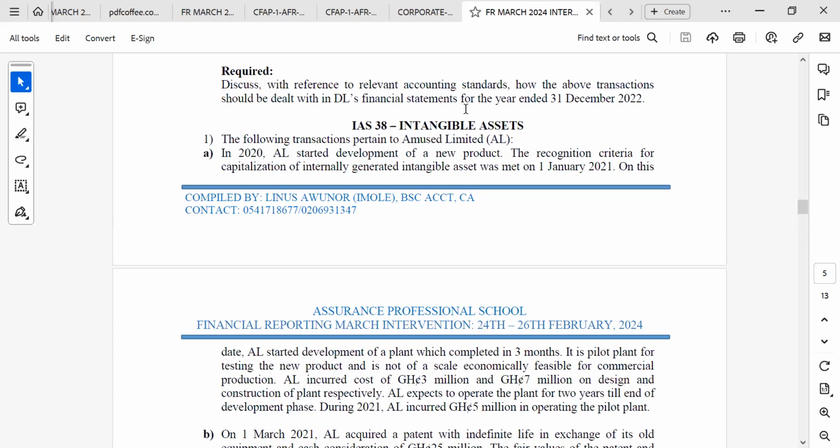But the most important one is measuring the cost reliably. If the cost of the intangible can be reliably measured, then you can go ahead to recognize an intangible. Therefore, all intangibles acquired through outright purchase, the company is paying for them. We can determine the amount of money that we are paying for that particular asset. For that reason, we can recognize it.